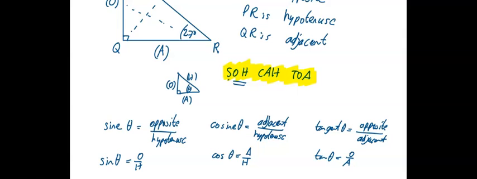So sine equals opposite over hypotenuse, which is what we have. If you had a triangle and it had the adjacent and the hypotenuse, then you would use cos. So cos theta equals adjacent over hypotenuse. If you had a triangle and it had the opposite and adjacent, then you would use tan. So tan theta is equal to the opposite over the adjacent.